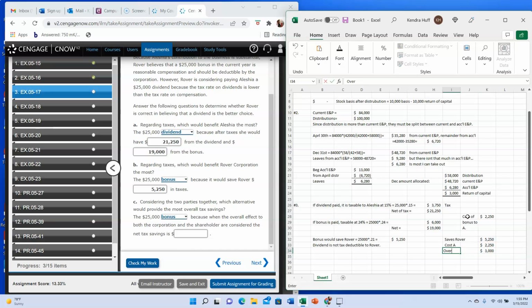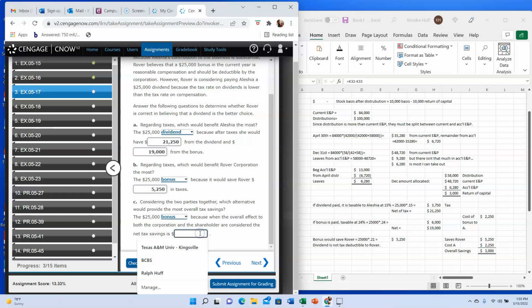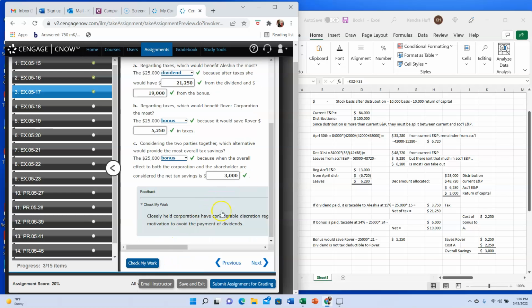So overall savings of $3,000 if they pay the bonus. And since she's a sole shareholder, she's going to pick what's cheapest overall. So they would pick that. So it'd be a net tax savings of $3,000. Let's check that because I don't know. Yes, okay.